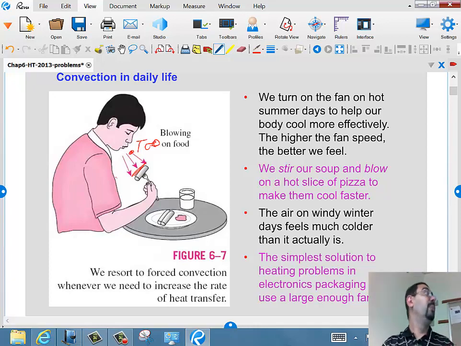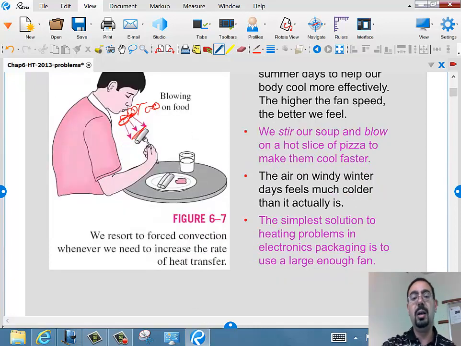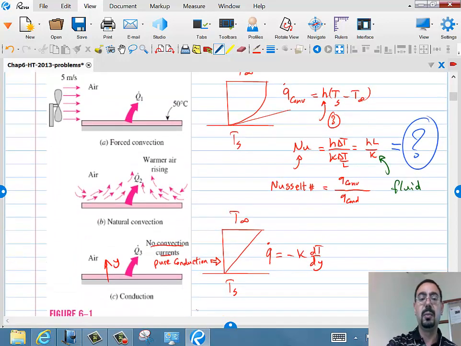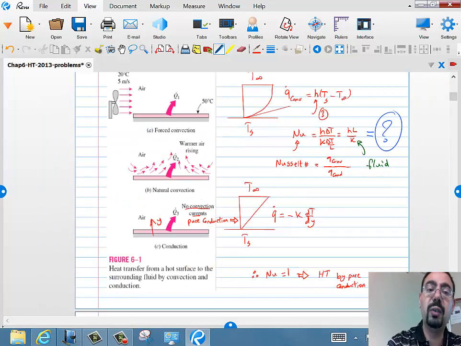So that's why you keep replacing that layer of air, either by forced convection, because you are blowing on it with a fan, or, if the thing is just sitting on a hot surface by itself, the hot air will rise, because hot air has lower density and is more buoyant.